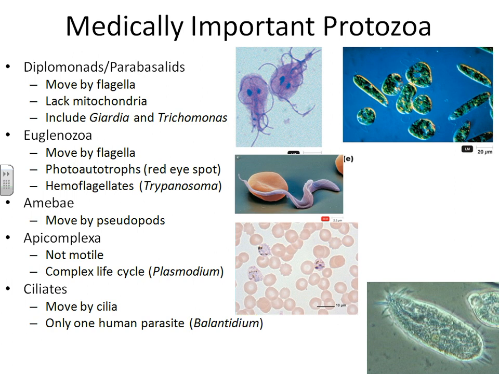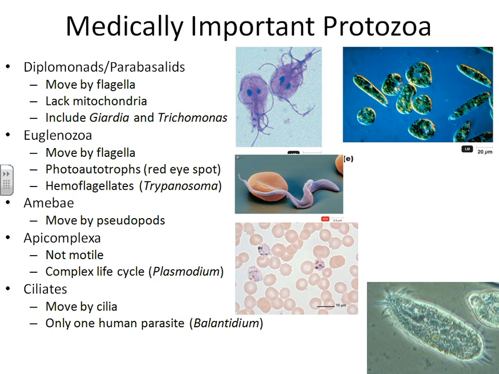Trichomonas is so bad that when somebody walks up next to me, I can smell it and know that they have Trichomonas, and I just have to walk away. Because once you smell it and you know what it smells like, you will walk through Walmart and you will smell somebody that has Trichomonas. Am I exaggerating, those of you that know what it smells like? It's very, very bad. That is a little flagellated protozoan.